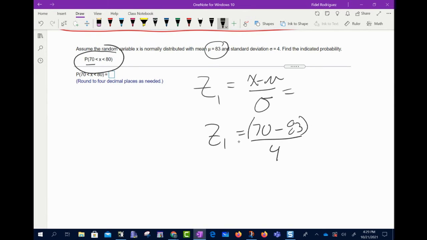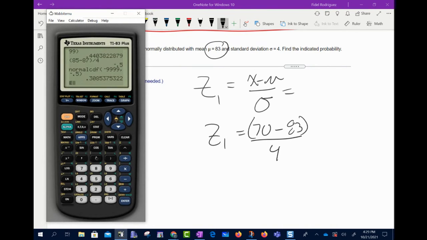divided by 4. Again, y'all, on my calculator I'm always going to put that part in parentheses, because if I don't, it takes 83 and divides it by 4, and subtracts that number from 70. So I have to do 70 minus 83 and then divide everything by 4. Okay, and I'm coming up with negative 3.25.